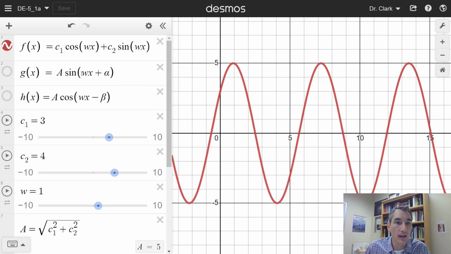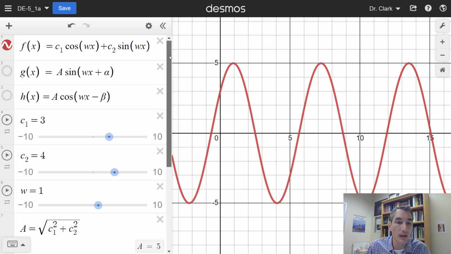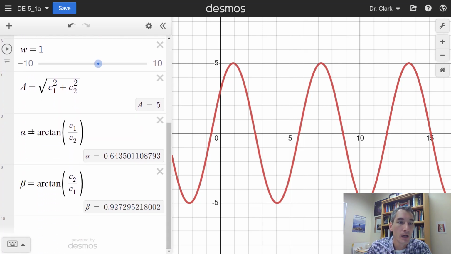Look at this. I've got A sine(wx plus alpha) here. This is exactly the same graph. Similarly, with this cosine, it's exactly the same graph. The frequency remains the same. The amplitude comes from the Pythagorean theorem, and the shifting, either the plus alpha or the minus beta, comes from alpha being the arctangent of C1 over C2 and beta being the arctangent of C2 over C1.